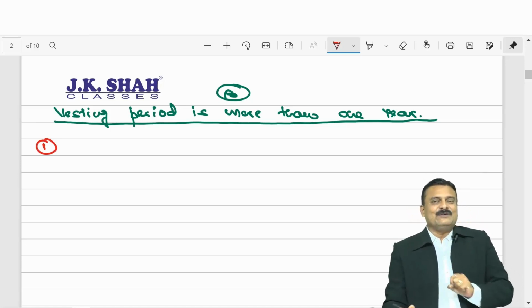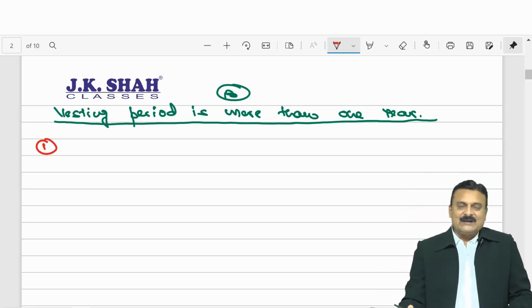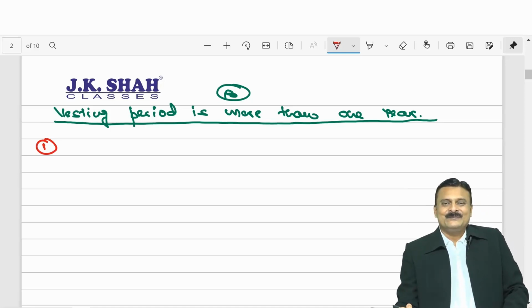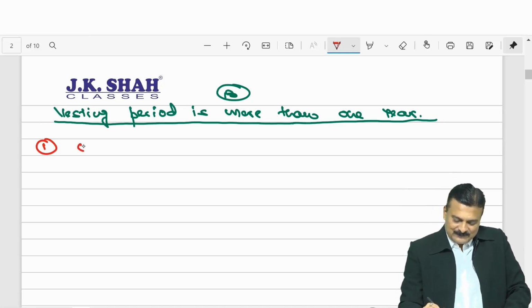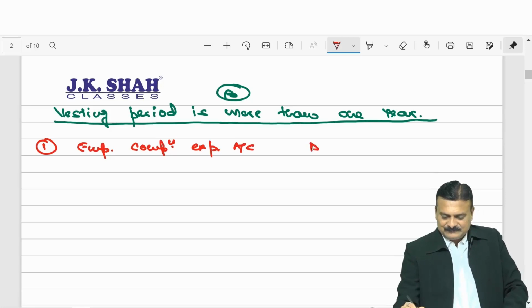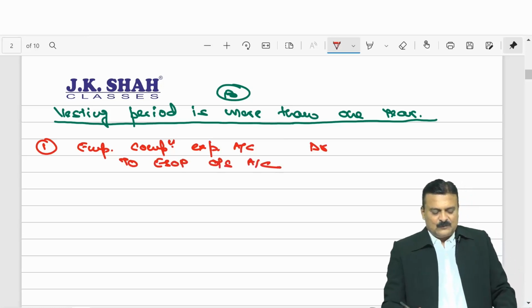So that entry we should pass for proportionate expense when your company is offering the option. Entry will be employee compensation expense account debit to ESOP outstanding account.